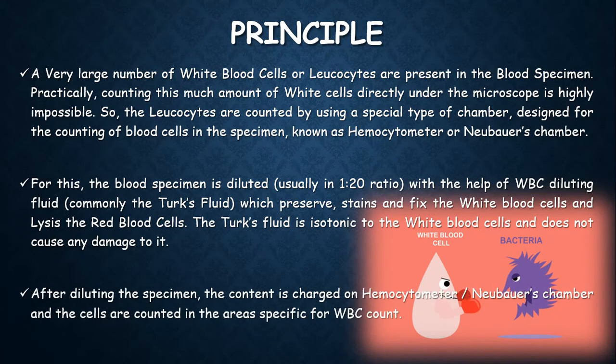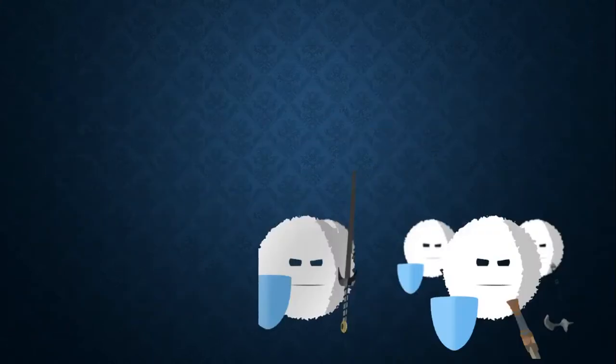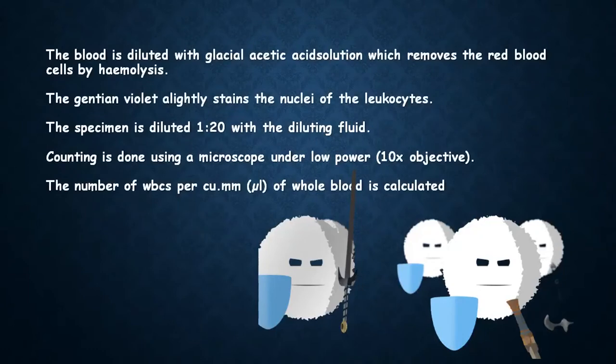After diluting the specimen, the content is charged on the hemocytometer or the Neubauer's chamber and the cells are counted in the area specified for the WBC count. The blood is diluted with glacial acetic acid solution, which removes the red blood cells by hemolysis.